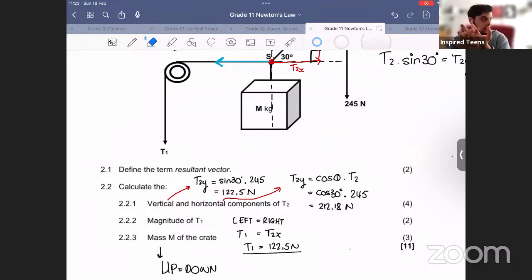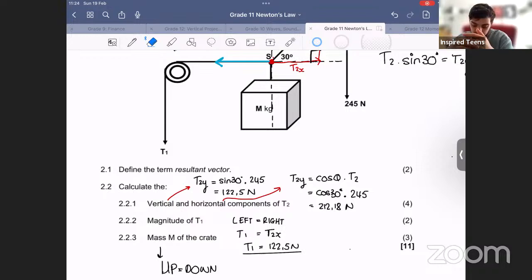Vector quantities have magnitude and direction. Velocity is a good example. If I say velocity of negative 15 meters per second, the magnitude is just 15. The direction is indicated by the negative.